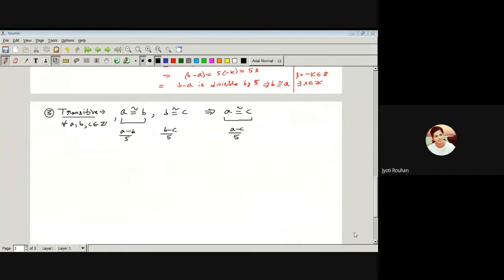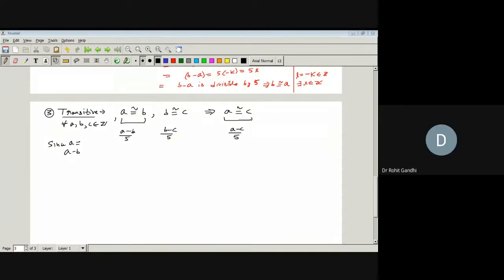So we are given that A minus B is divisible by 5, B minus C is divisible by 5, and we have to prove that A minus C is also divisible by 5. Yes, Simran. Firstly, A related to B means A minus B is divisible by 5.